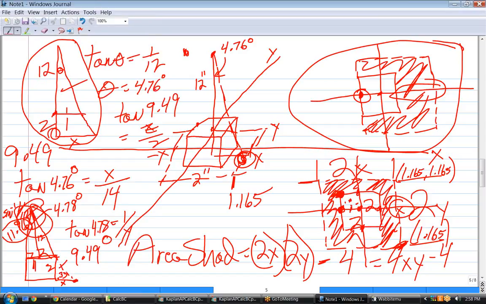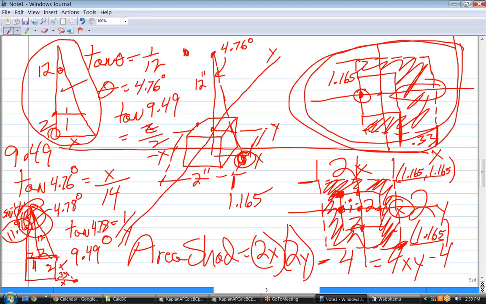Or if I look up in this picture up here, the distance between the edge of the cube and there is 0.33. So I haven't changed anything with regards to y. This distance from there to there is still going to be 1.165, right?